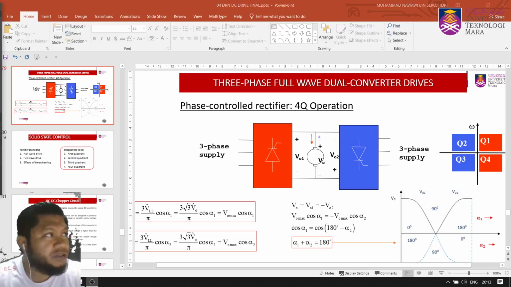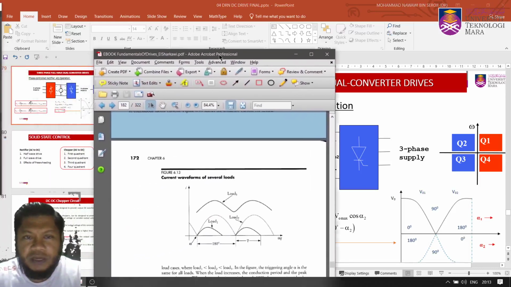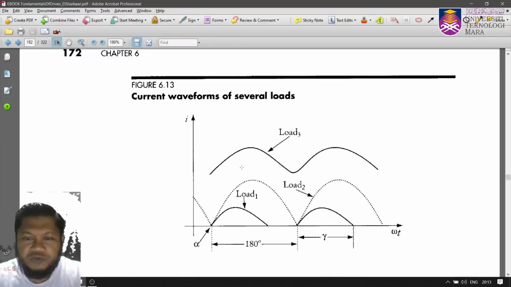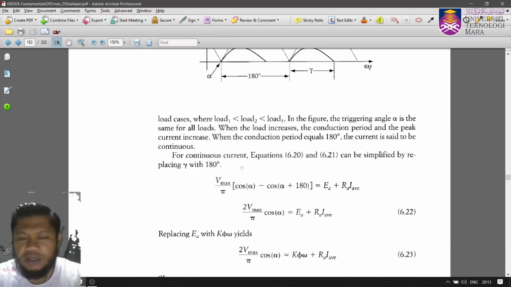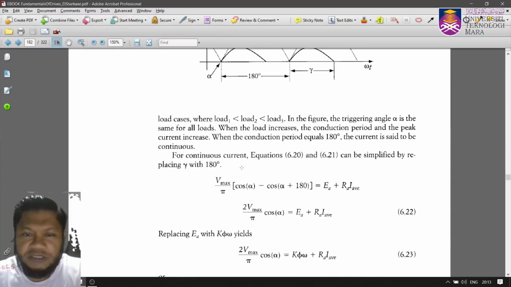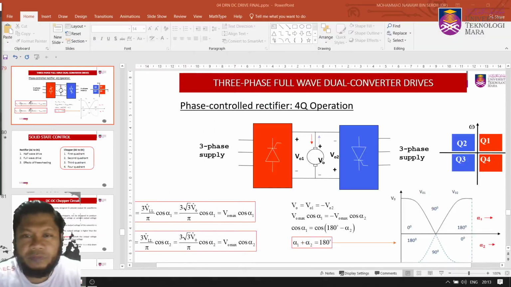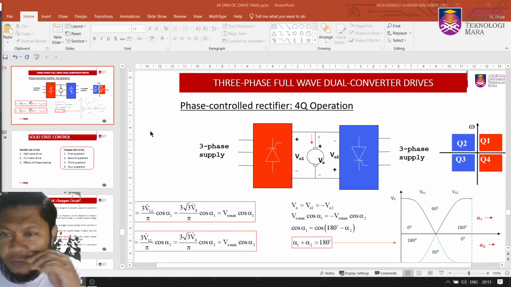Okay, back to the continuous current operation. You can also refer to Sharkawi's book, page 172, to read further about continuous and discontinuous current operation. Okay, so come back to the three-phase full wave dual converters.